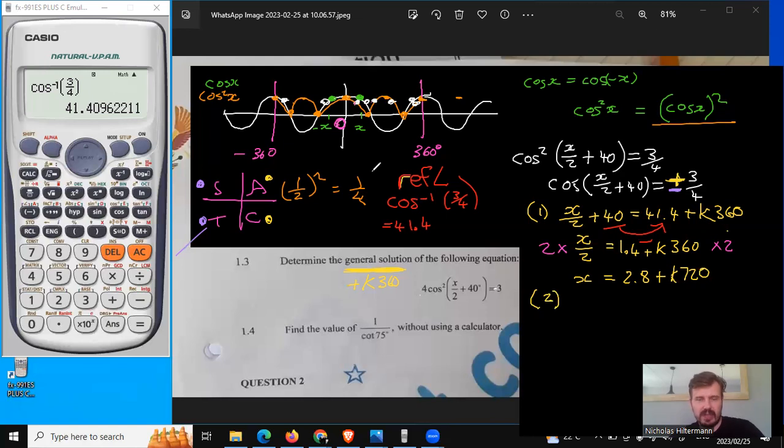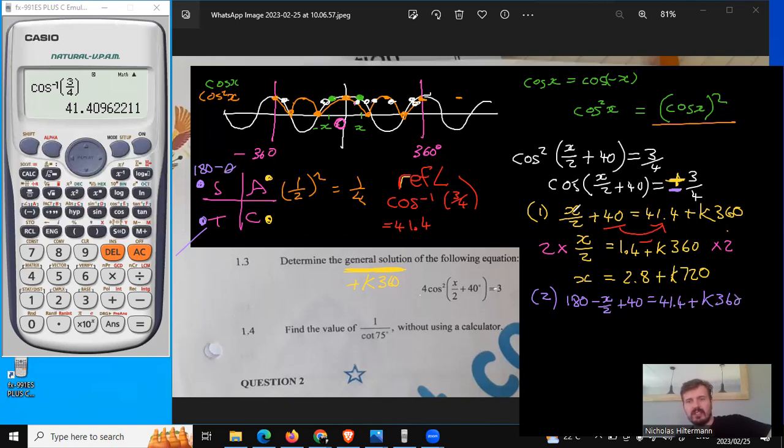Let me do that one in purple. So quadrant 2 is the other solution. In this quadrant, we know that it's 180 minus theta. So it'll be 180 minus x over 2 plus 40 equals 41.4 plus K360.